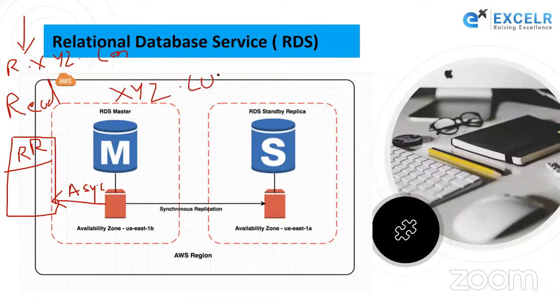The read operations will be handled in your application and pointed to your read replica. Then your master database will be less utilized for read operations, and this improves the performance of your database.